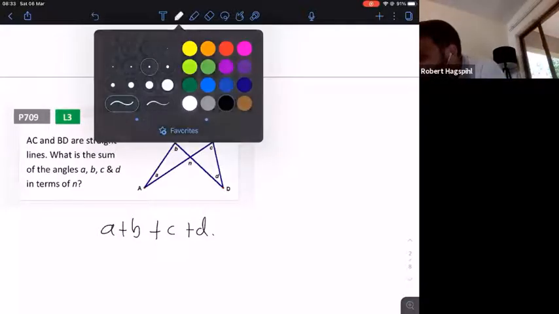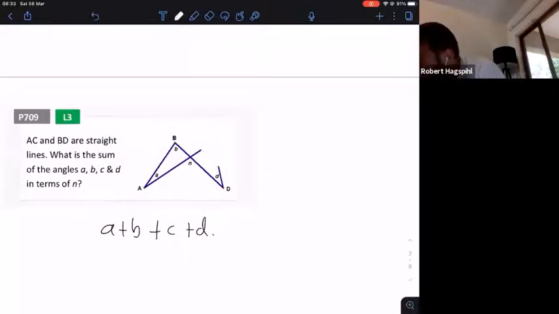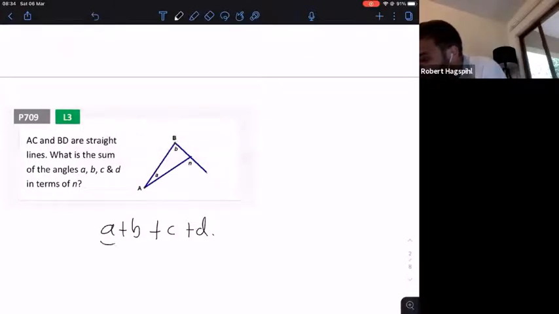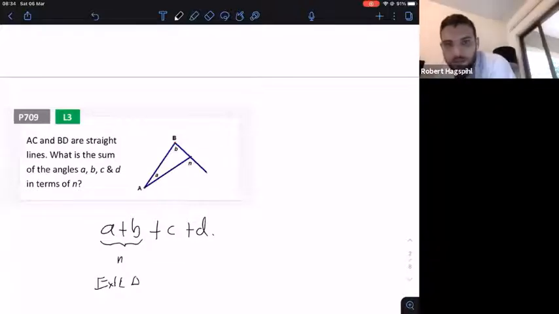All right. So everybody, exactly like I did in the previous question, I'm just going to ignore that. Is everybody with me that A plus B is equal to N because of the exterior angle in a triangle, right?